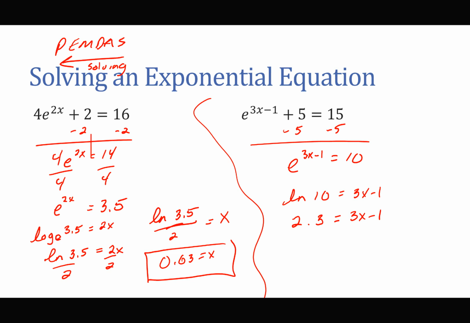So this is basic algebra, solving a one variable equation. We would add 1 to both sides and then divide by 3. So 2.3 plus 1 divided by 3 would equal x. X would end up being 1.10, or just 1.1 is fine.